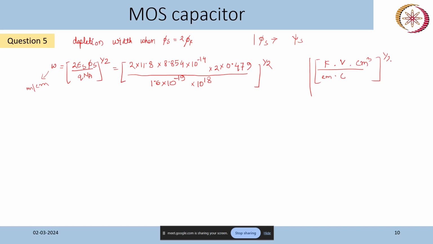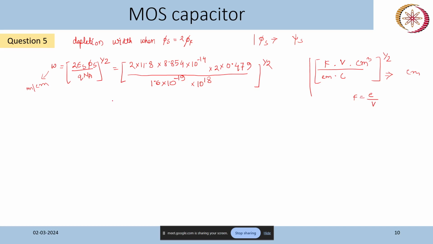So there will be 1 centimeter outside, and farad is the unit of capacitance. So C equal to Q by V, so farad will be coulomb by voltage. So that will get cancelled with this V by C term. So finally we get the unit as centimeter. Farad is coulomb by volt.